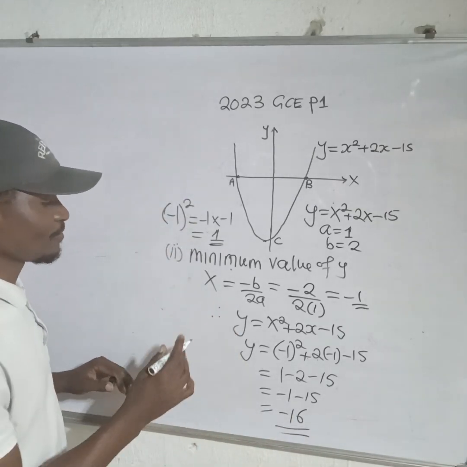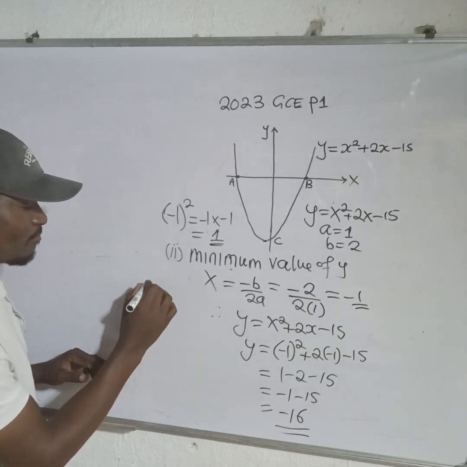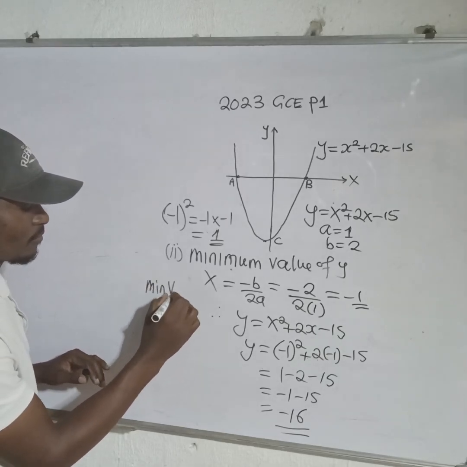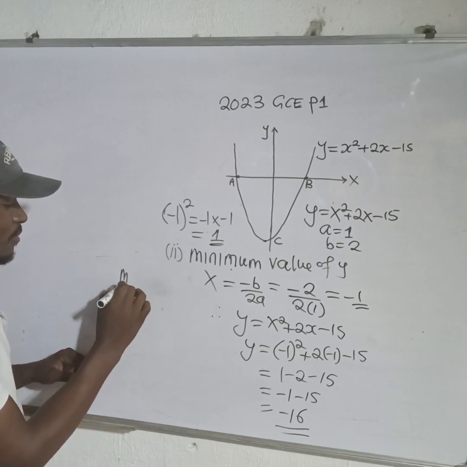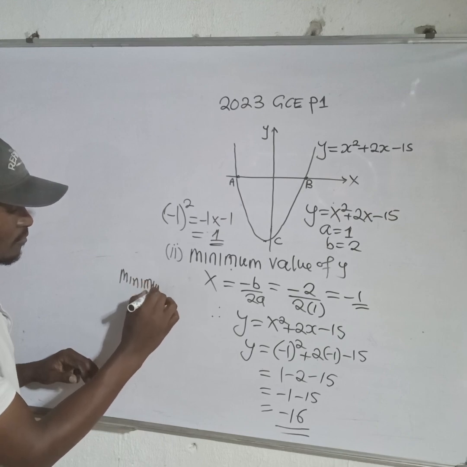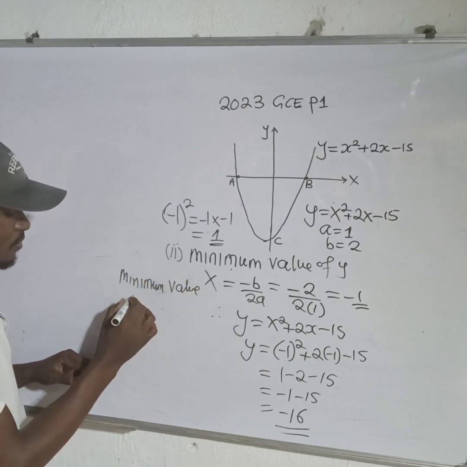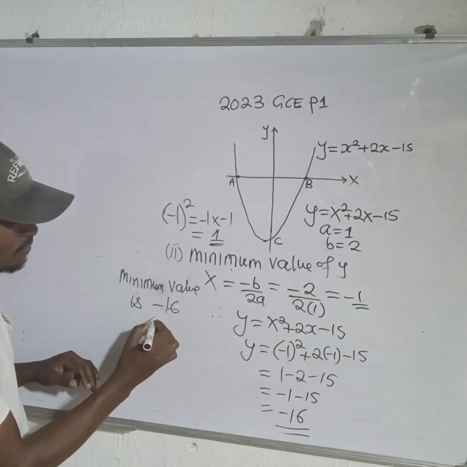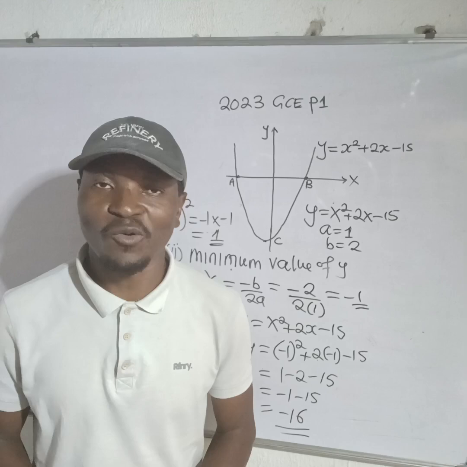So therefore, what you're saying now is the minimum value is negative 16.